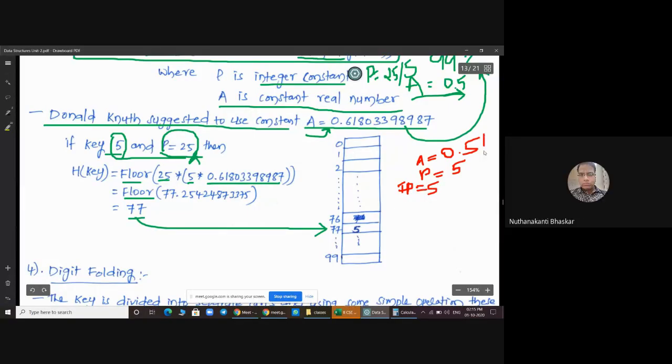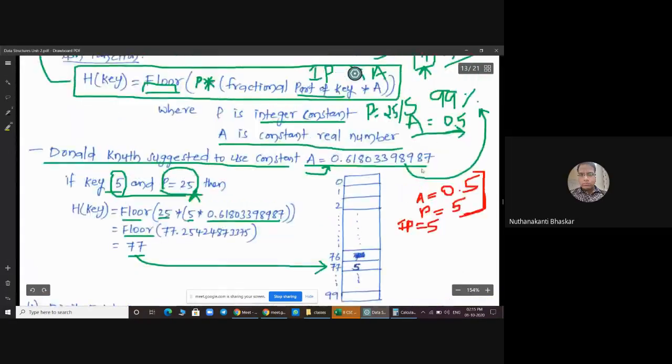You can take these two values as any numbers. There is no constraint. You can use any real number for A and any integer number for P. Understand? Yes, sir.